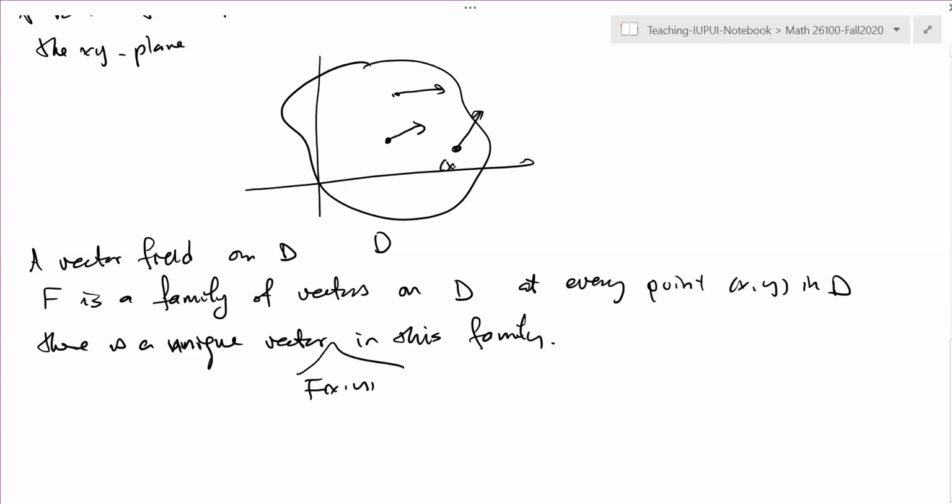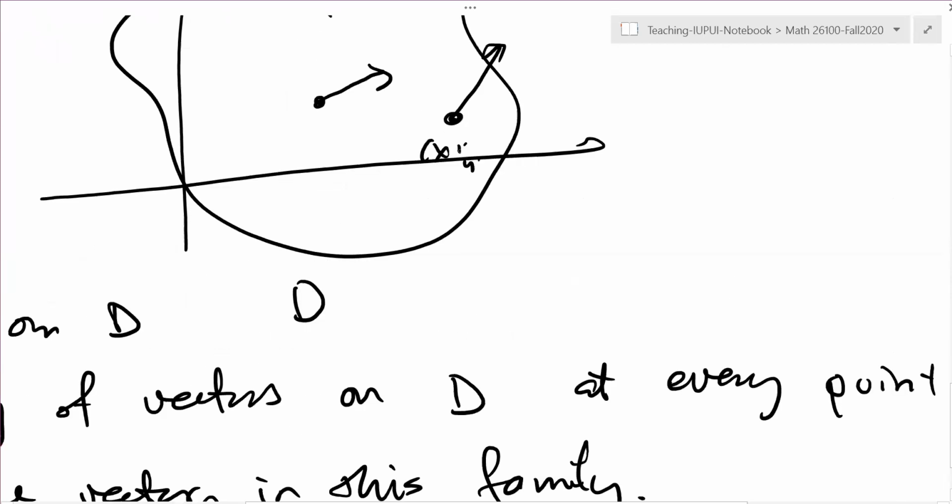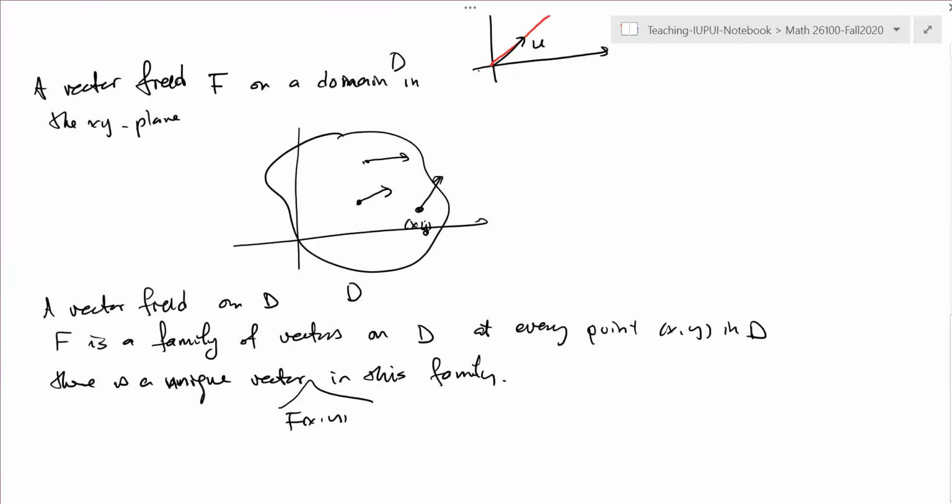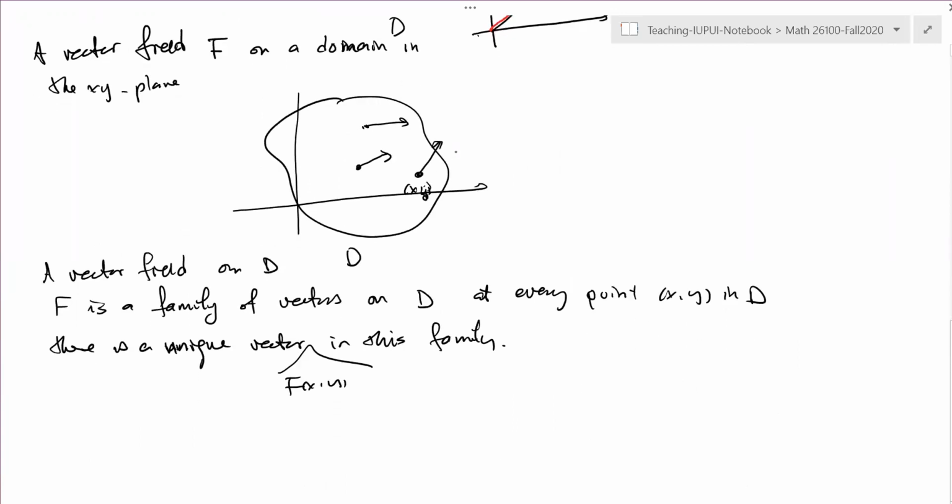So at every point, I have a vector here. This vector is denoted by this.